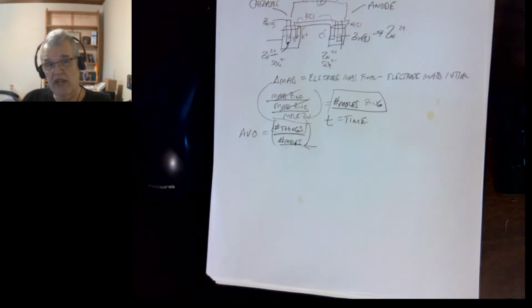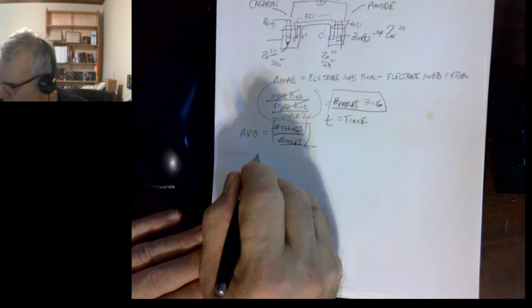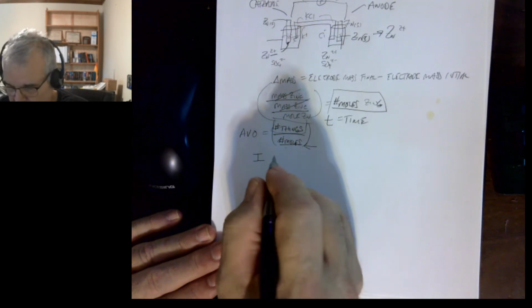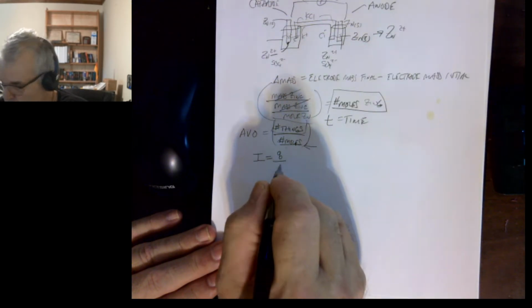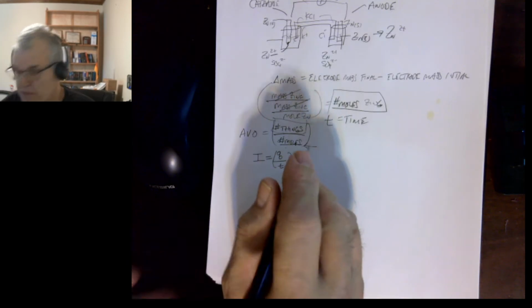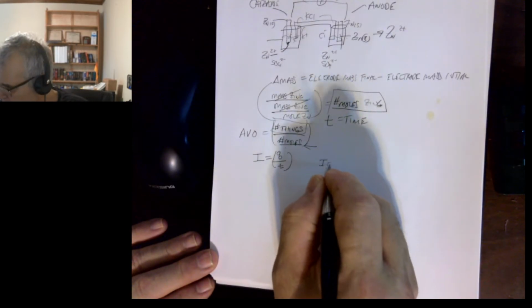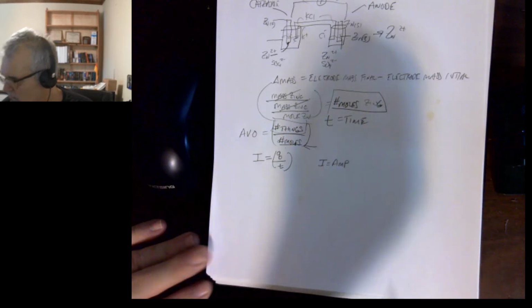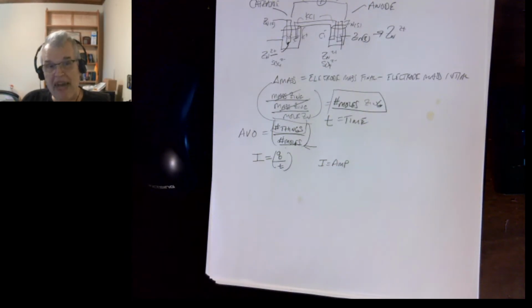Well, this is where the electrolysis comes in. There are a couple of things I need to know, some definitions. In electrochemistry, the current that flows is equal to the charge that moves over some time period. Current is given in amps, so to say what the current is, I have to figure out how many charges flow past a point over a given amount of time.